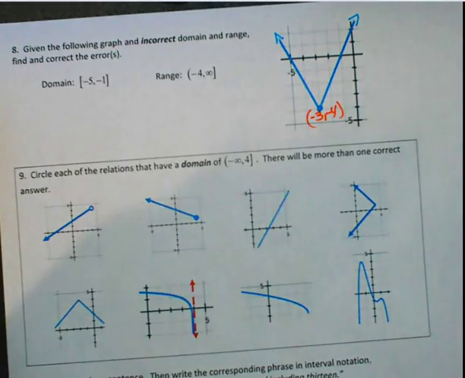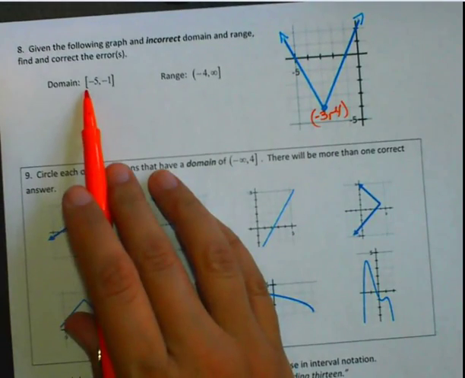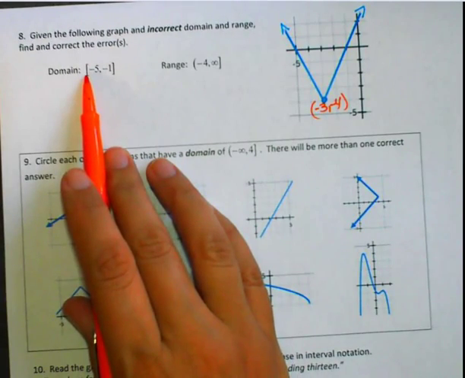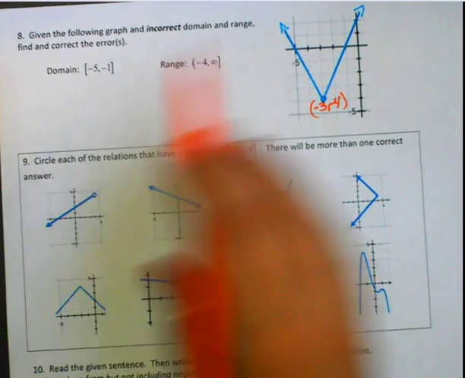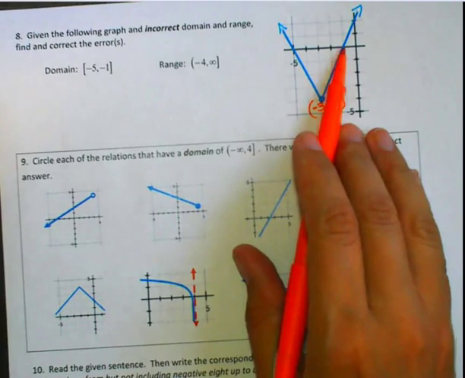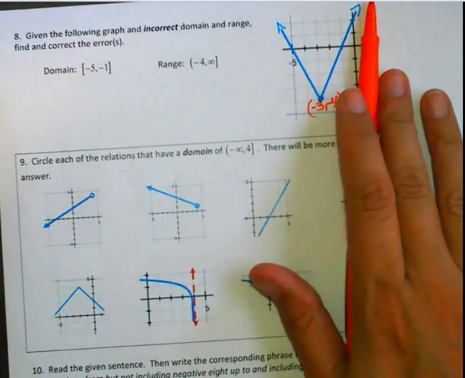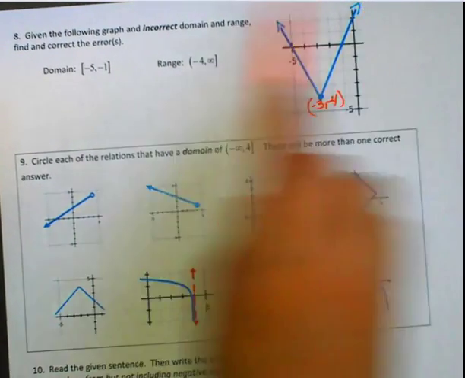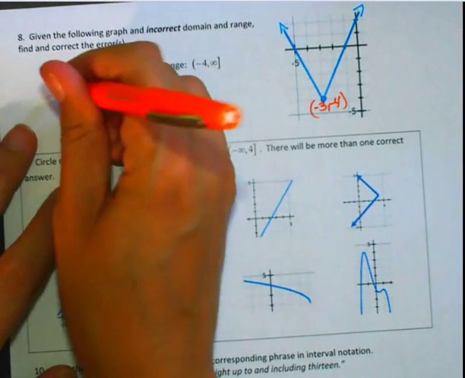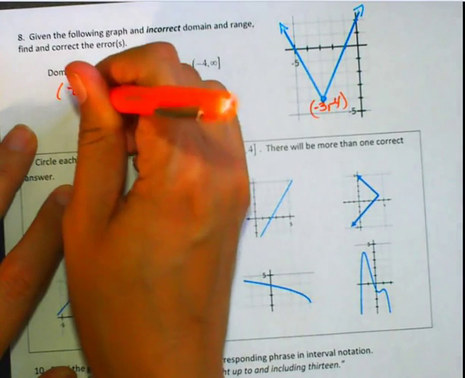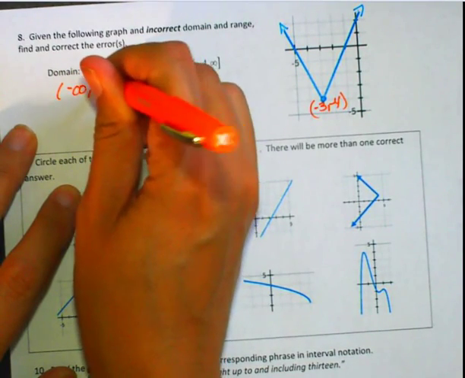Okay, so let's take a look here. The first thing is that we have a domain of -5, -1. Well, that doesn't include all of my domain, because if I go from left to right, my domain should be negative infinity to positive infinity.